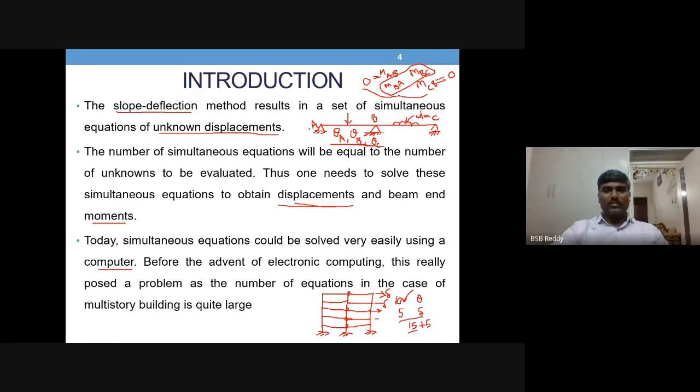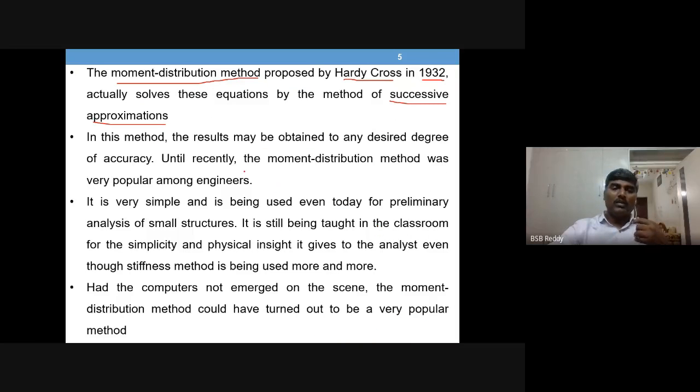Unlike the slope deflection equation, where you get the exact solution, in the moment distribution method you can fix the percentage of error, the range of error that the structure's internal forces shall have.